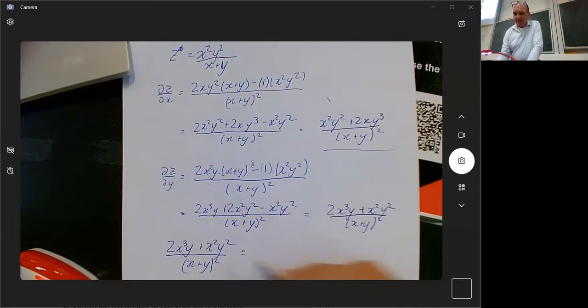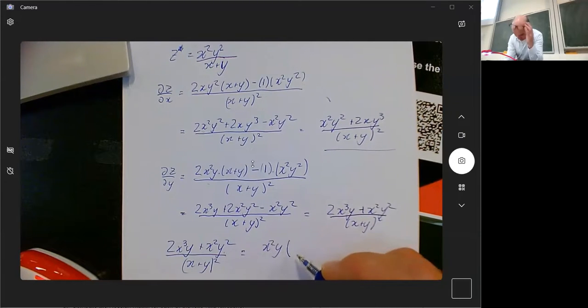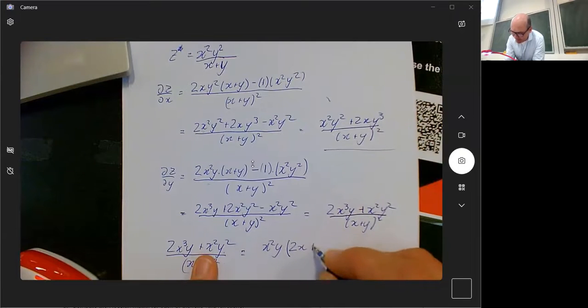What I would do with this is try and factorize. I'm noticing that each term in this numerator has an x squared and a y, so I'm going to take out x squared y. What I'm left with is 2x plus y.